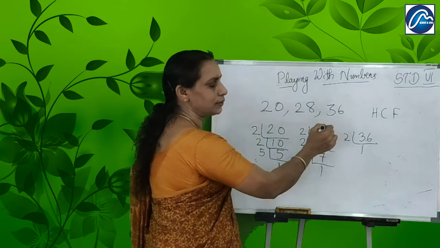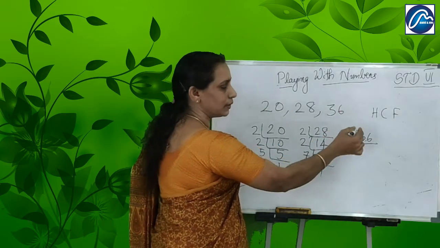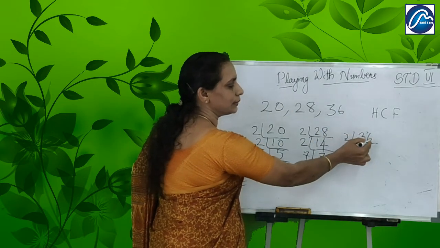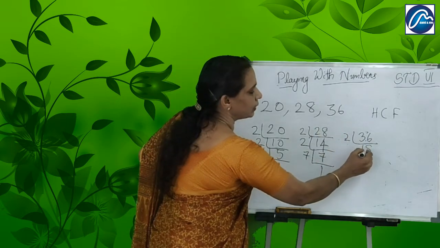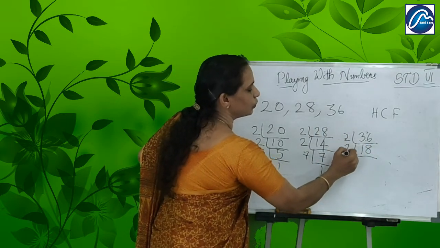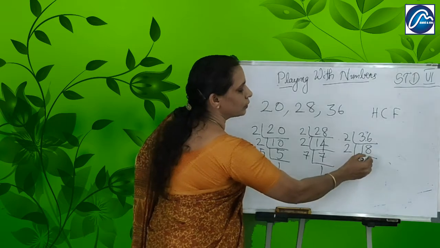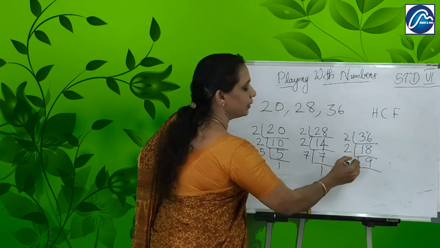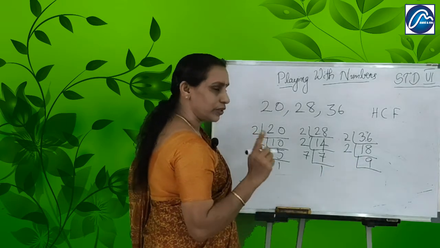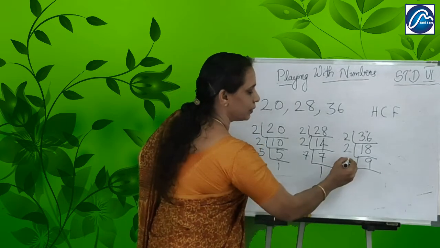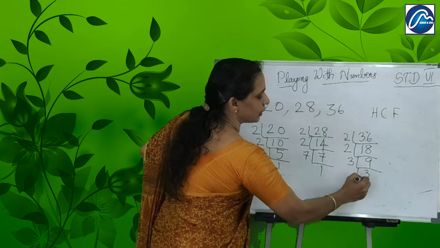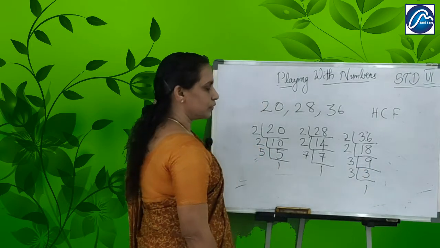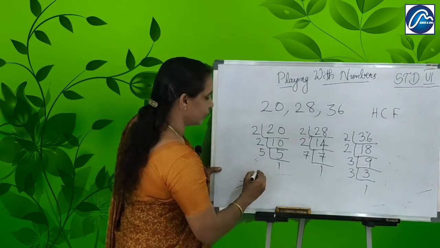Then the next number is 16, 8 2s are 16, then 2, this is also divisible by 2, 9. And 9 is not divisible by 2. So, we go to the next number 3. 3 3s are 9, 3, 1. So, which are the factors here?